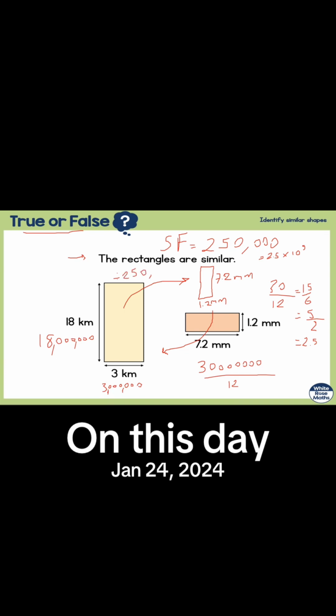So that does confirm that my answer is correct, because if I divide 18 million by 250,000, I get 72 millimeters. And if I do 1.2 millimeters times 250,000, then I get 3 million. So that's my answer for that.